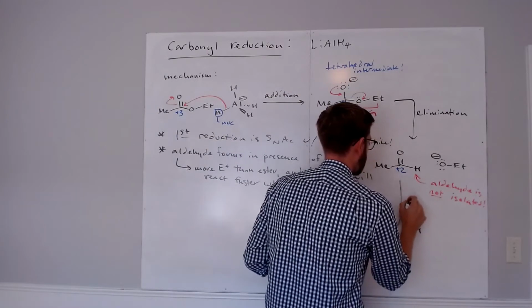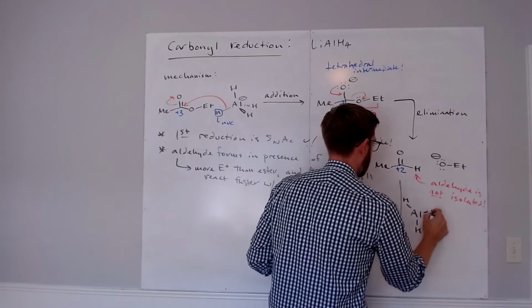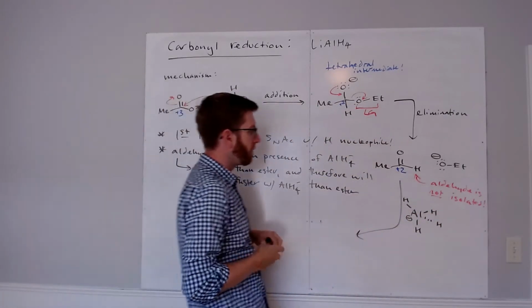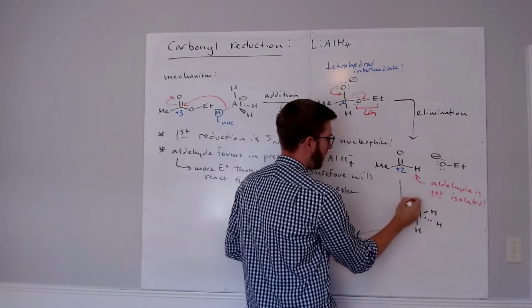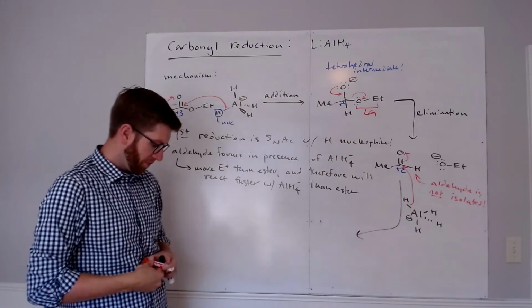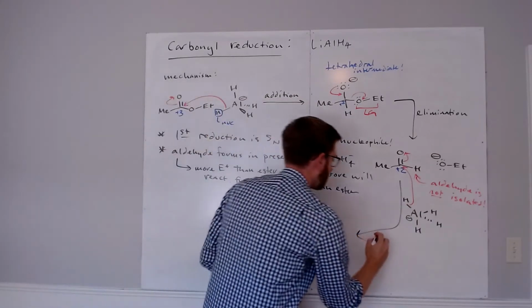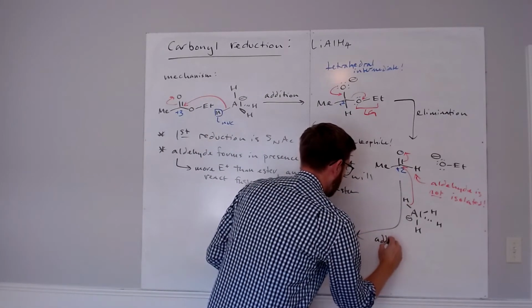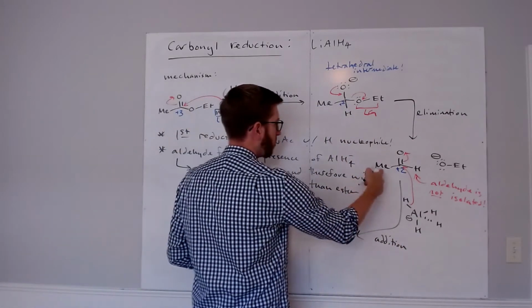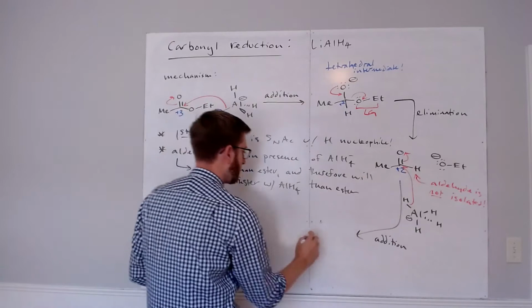My hydrogen's in. And so here we would do the same thing again. Nucleophilic hydrogen, electrophilic carbonyl carbon. That will do an addition. And if I follow my arrows, my methyl group and this hydrogen are not changing.